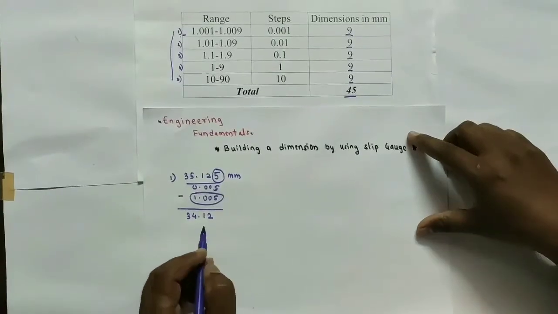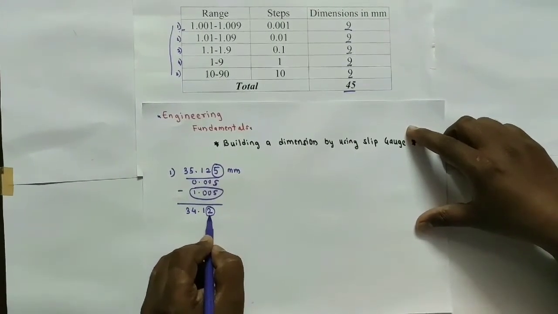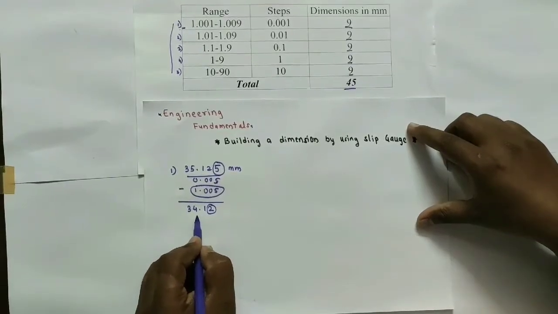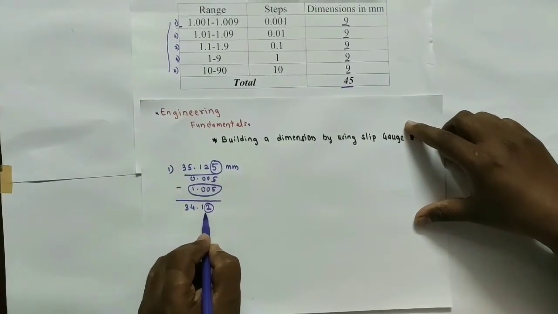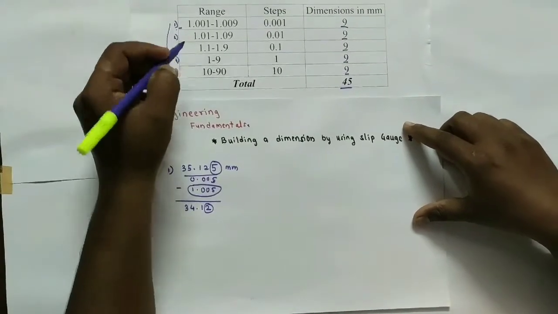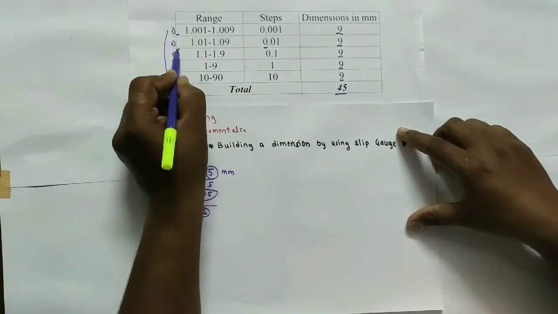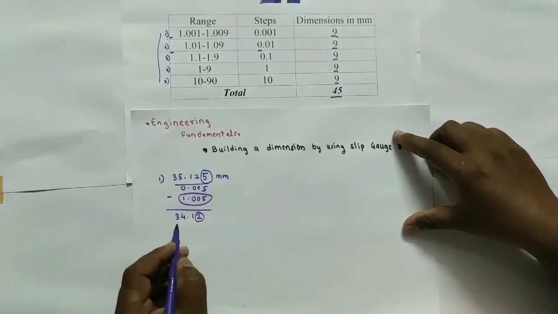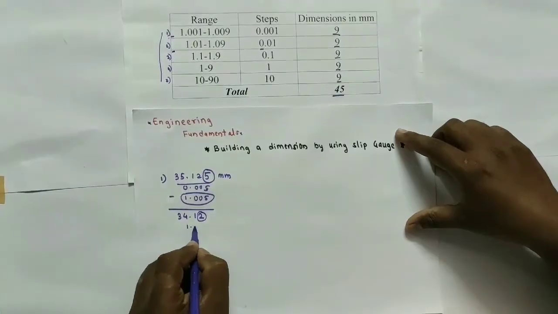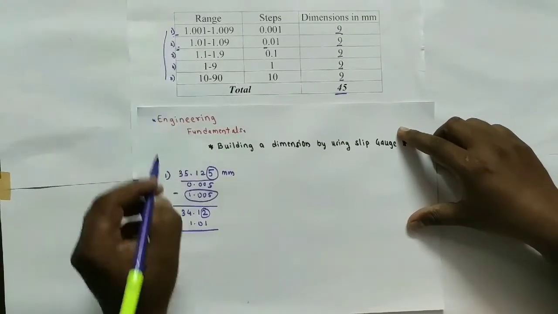Next, again you have to start from the last digit. Then we are getting 0.02. This 0.02 is available in the second range, in steps of 0.01. So we can choose 1.02 from the second range.